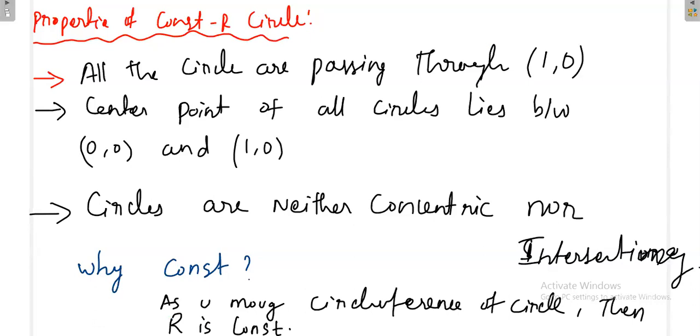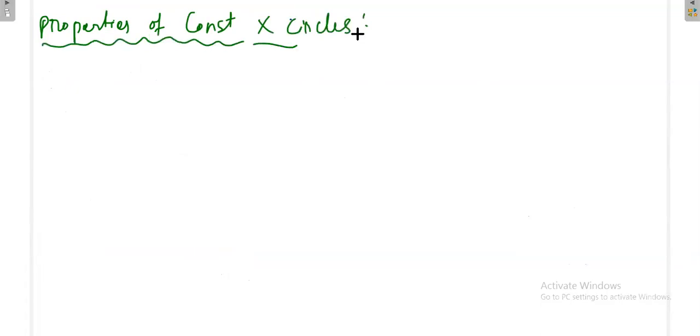Next, what are the properties of constant X circles, or constant reactance circles? Okay, all circles pass through 1, 0.